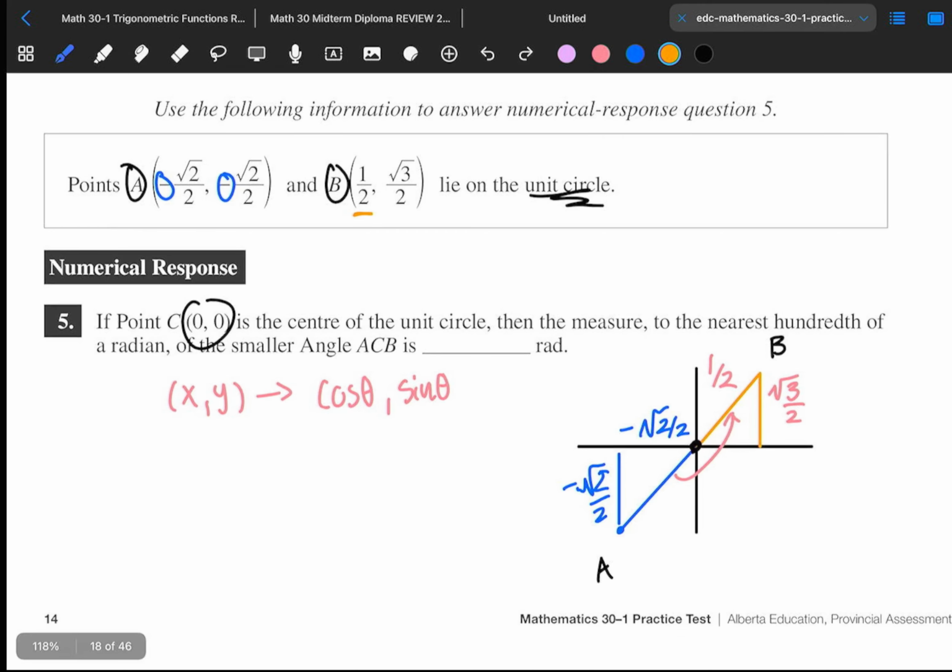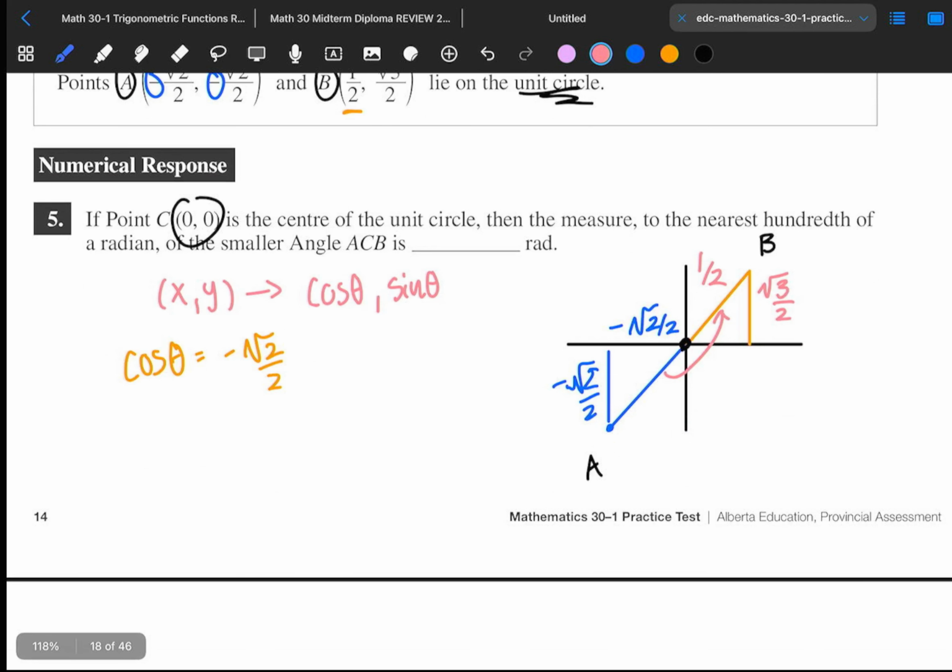And if cos theta is equal to negative root 2 over 2, you should remember from your unit circle that we only have root 2 over 2 when we have a reference angle of pi over 4, or 45 degrees. In this case, we're asked for radians, so we're going to keep it in radians. So pi over 4 is our reference angle for this point, root 2 over 2, comma, root 2 over 2. Our reference angle equals pi over 4.